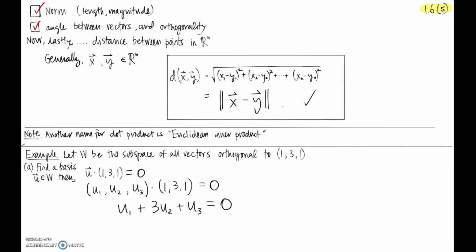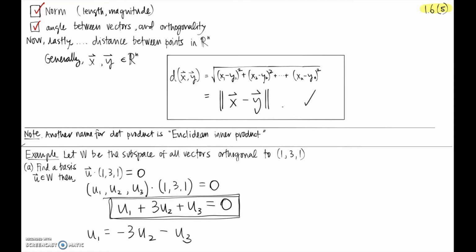So this is the only condition on the vector u, that this has to be true. Now this is starting to look familiar to some things we learned before. What if I wanted to solve this for u1? Then u1 would equal negative 3u2 minus u3. Okay.